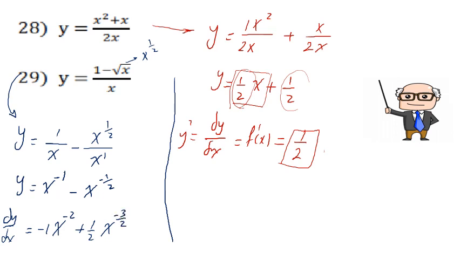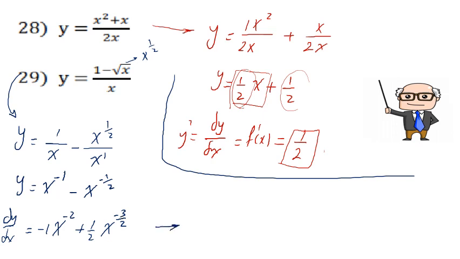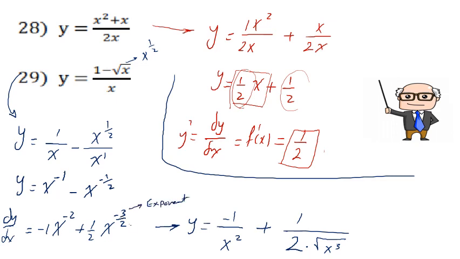Of course, this is not the simplest form, so if I wanted to write the simplest form, it's going to be negative 1 divided by x squared, as it's x to the power of negative 2 in the numerator, moved down to x to the power of 2, plus 1 over 2 times the root of x to the power of 3. This is 2 multiplied by the cube root. This is the exponent, and this one is the root.